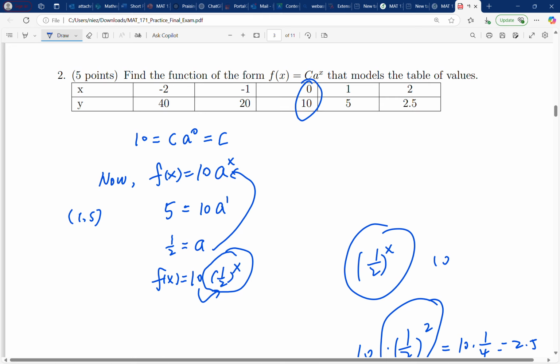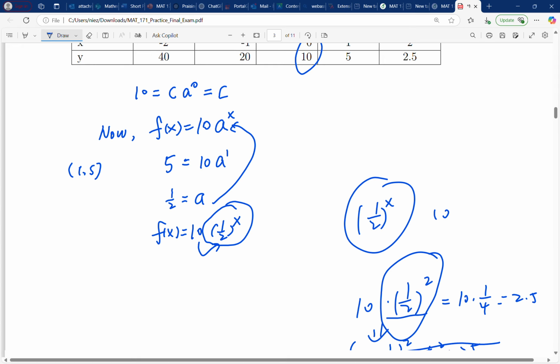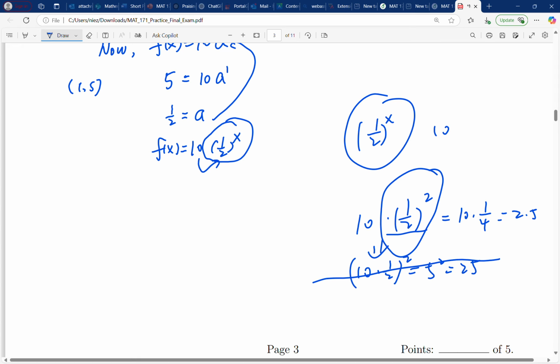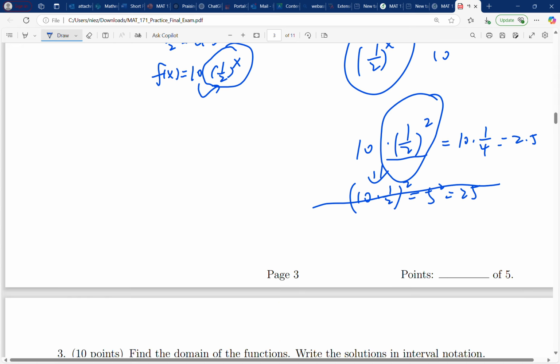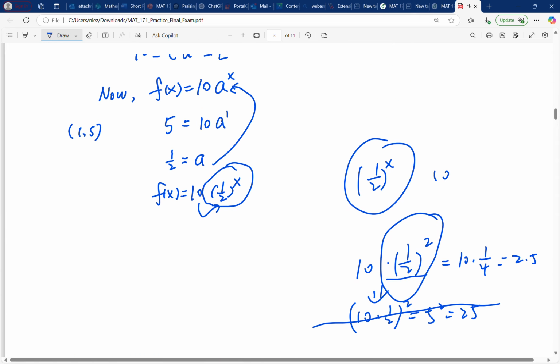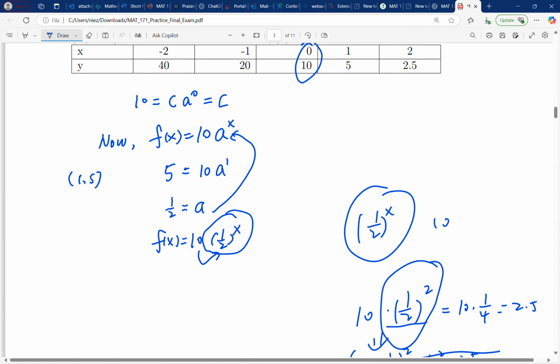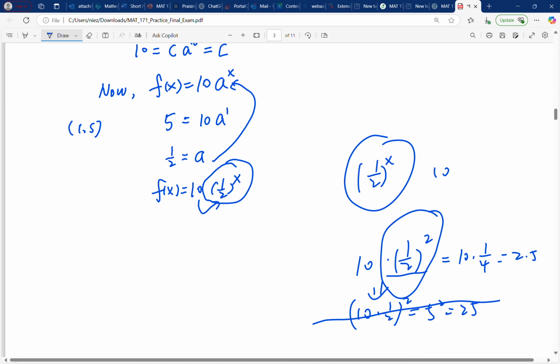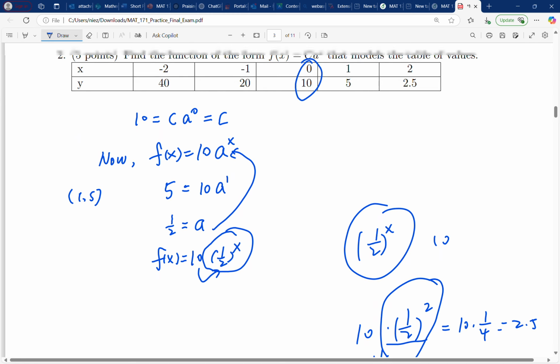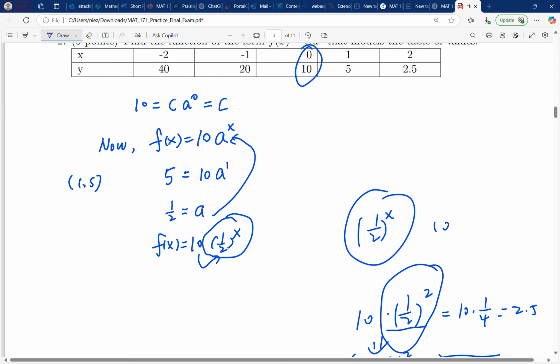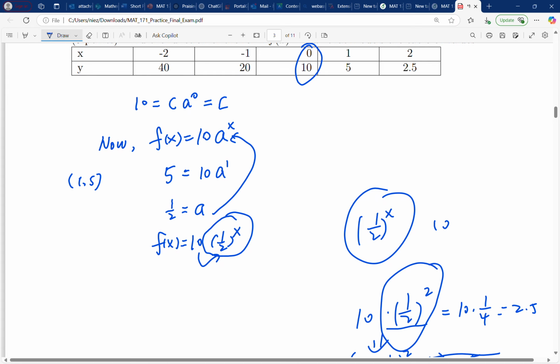You use the point that has 0 first, because if the point has x equal to 0 and then y is like 5, your c is going to be 5 automatically. That's why.